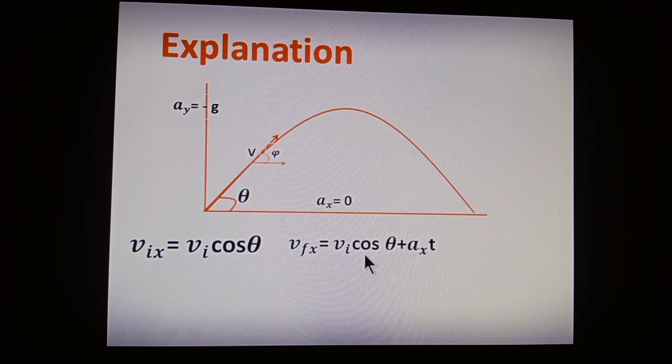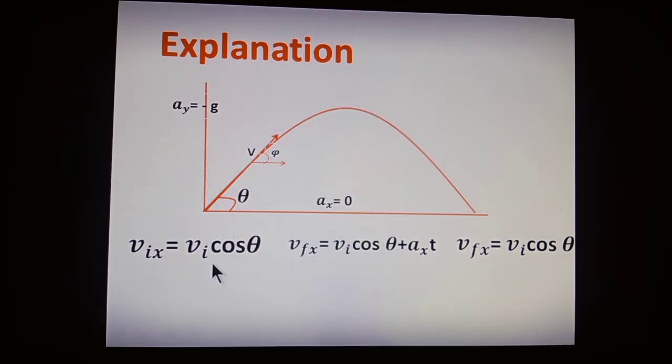Here we applied first equation of motion. Since there is no acceleration along x-axis, putting ax equals to 0, what will be vfx? Vfx is equal to vi cos theta. That I told you, along x-axis it moves with constant velocity. Initial velocity along x-axis is the same as the final velocity along x-axis, that is vi cos theta.